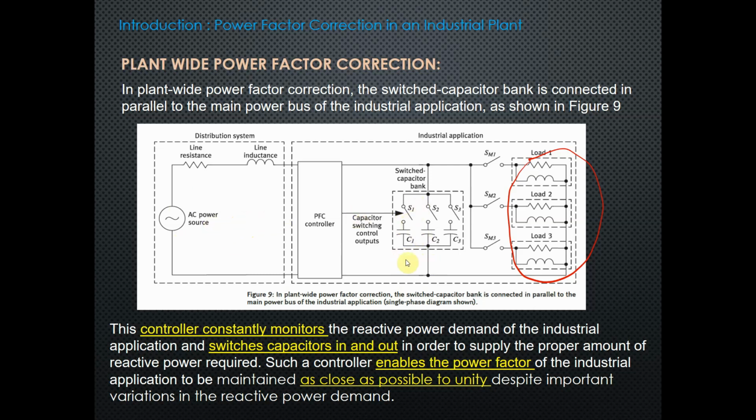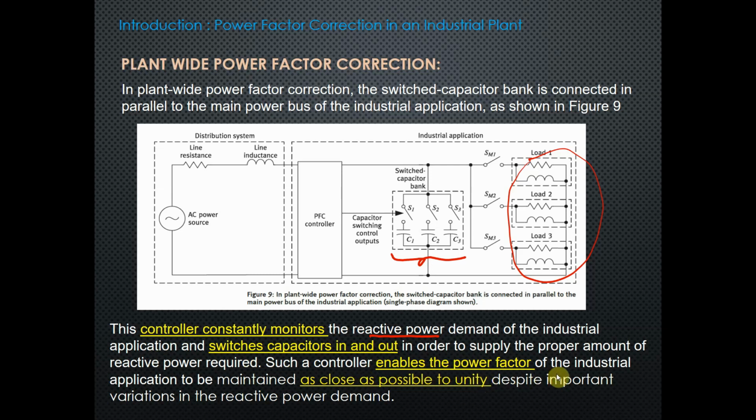That means all the loads connected in parallel with this capacitor bank have their lagging power factor corrected by this capacitor bank. There's a controller on this capacitor bank. This controller constantly monitors the reactive power demand of the industrial application and switches capacitors in and out in order to supply the proper amount of reactive power required.